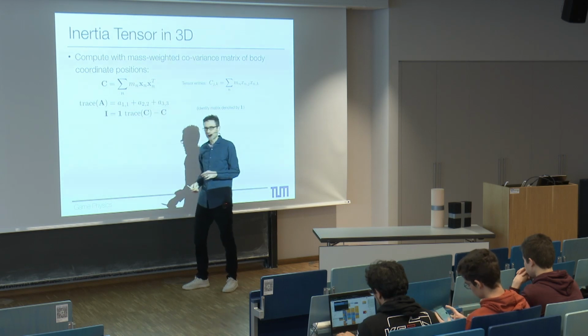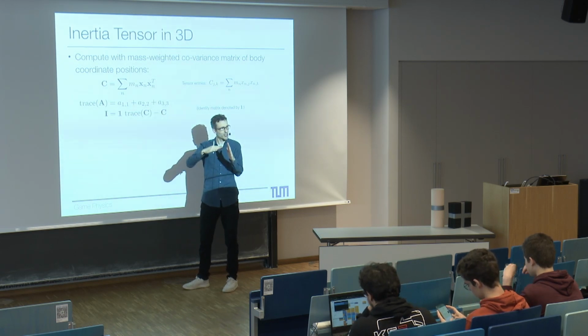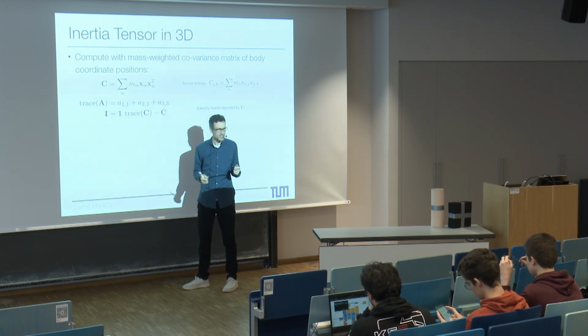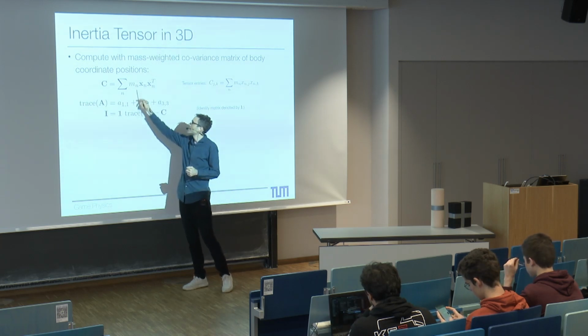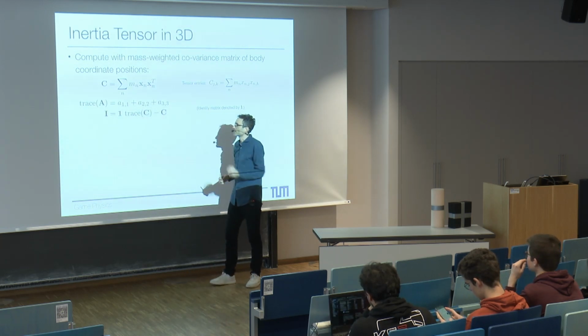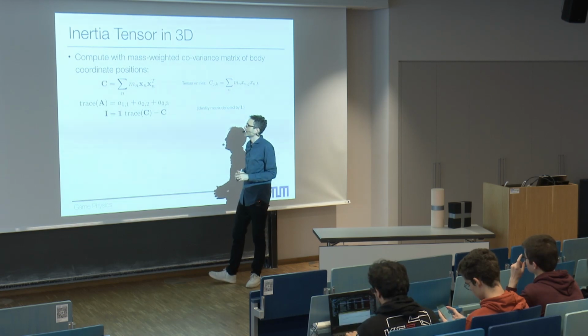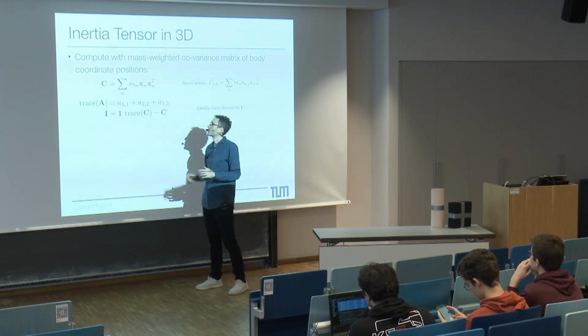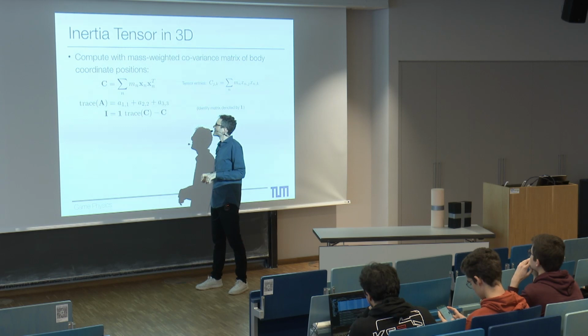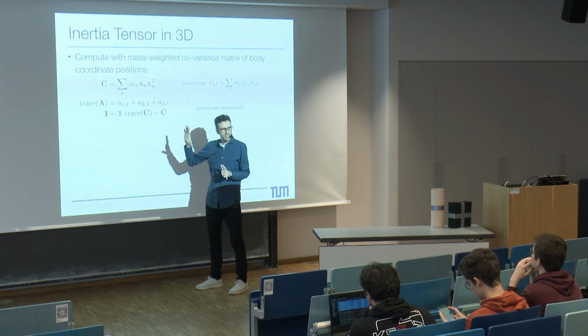Where before we had a dot product, we now have an outer product that creates a matrix, and we weight it by the mass associated with that point. We sum this up for all the points we have, and then we did a bit too much.